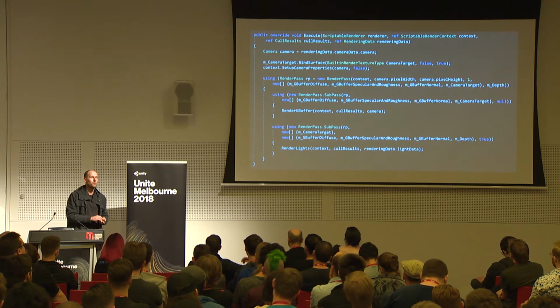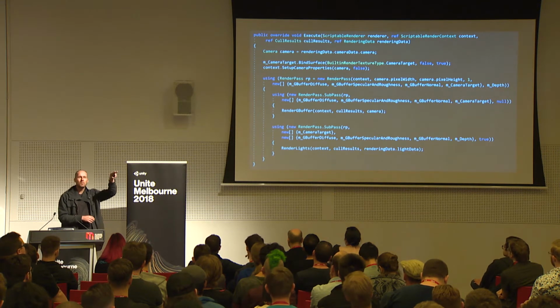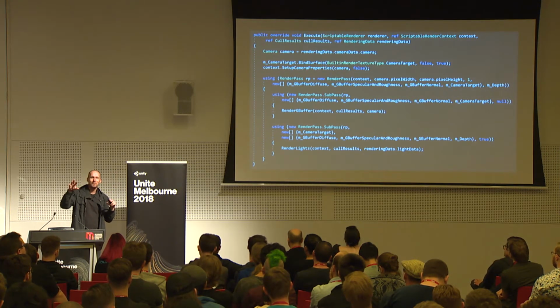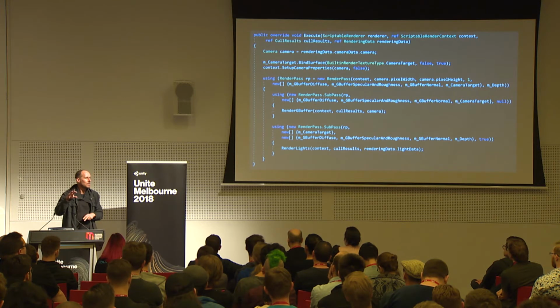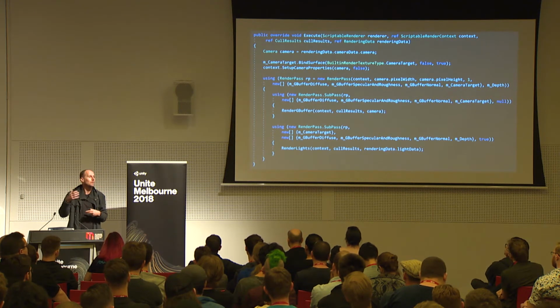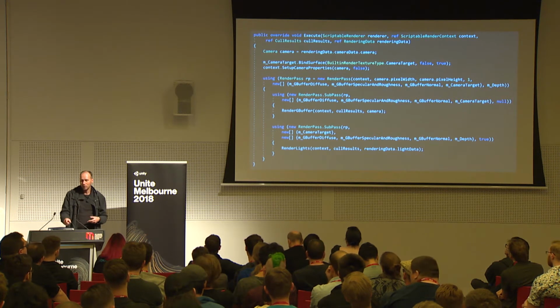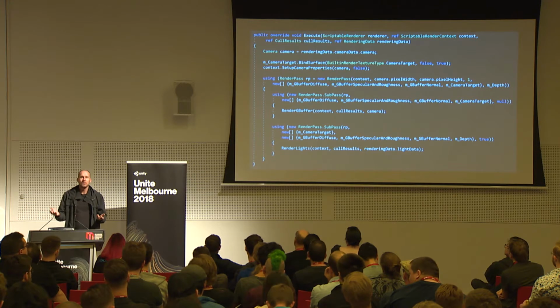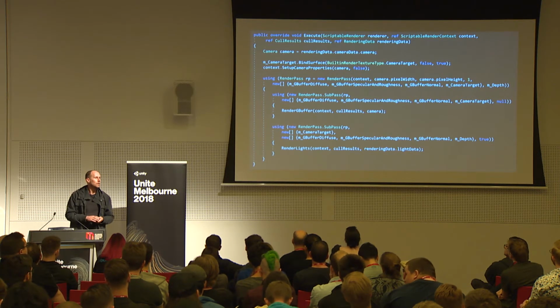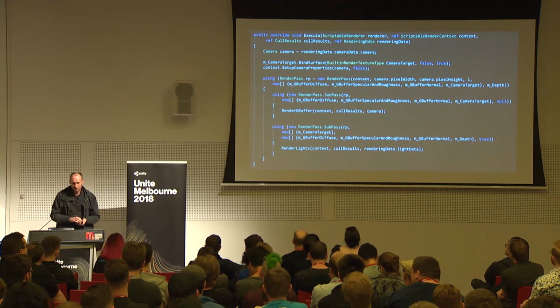So when you have things like this, where you're saying I'm using this render pass with this render target, and I'm going to use this one down here with this render target, it can actually reason about dependencies and perhaps do things in parallel that it couldn't do before. So you get some efficiency out of this, and when the platform supports it, this render pass will make use of those APIs.